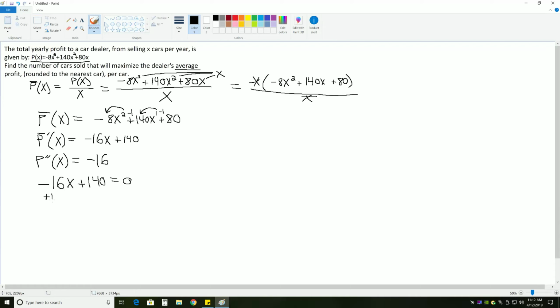So we'll add 16x to each side, giving us 140 equals 16x. And then if we divide each side by 16, we'll get x equals 8.75.